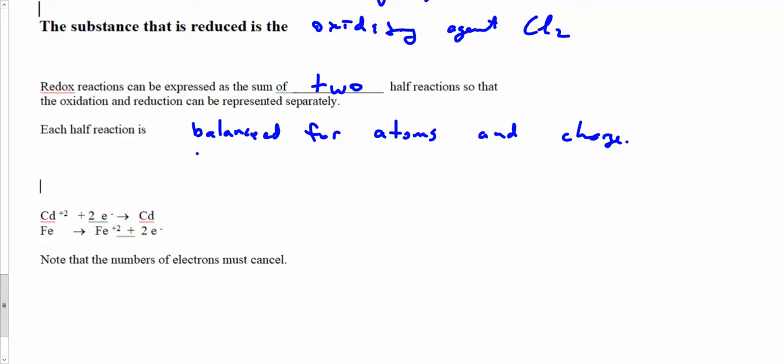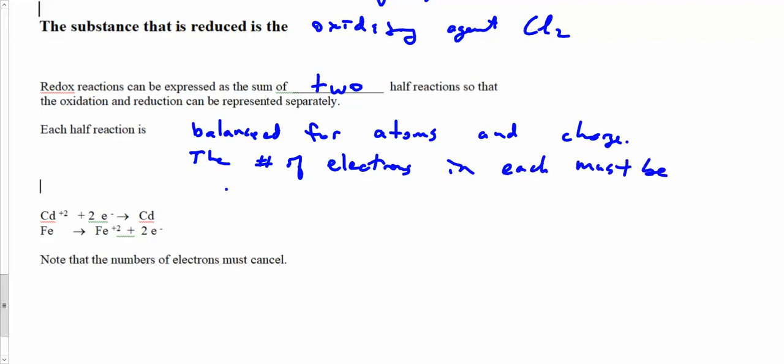And also the number of electrons in each must be equal. In the top one I have 2, in the bottom one I have 2, and so that in the end, in this example right here, once I decide to add these two together, I would get Cd2+.